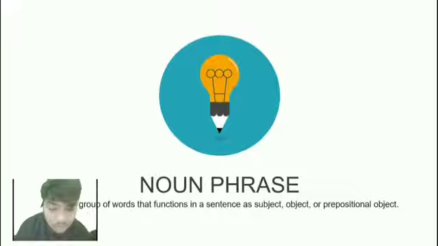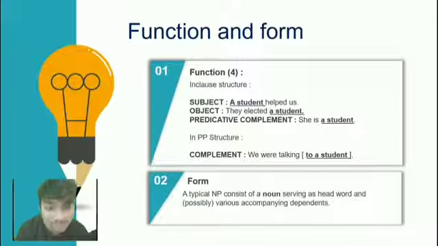Next, the noun phrase. What is a noun phrase? A noun phrase is a word or group of words that functions in a sentence as subject, object, or prepositional object. Function and form.